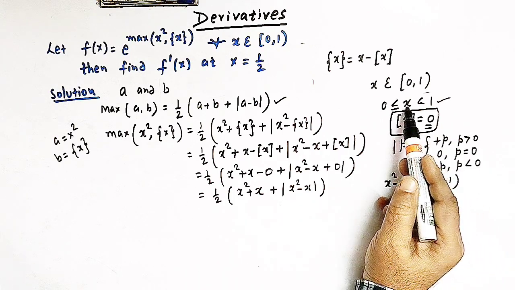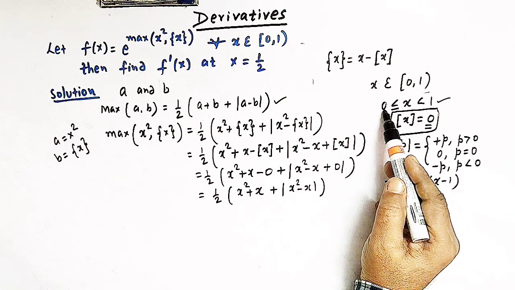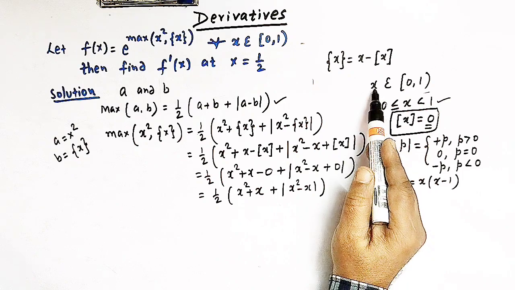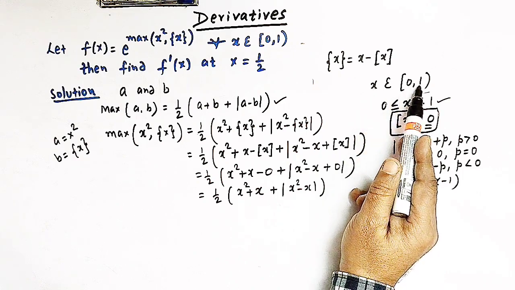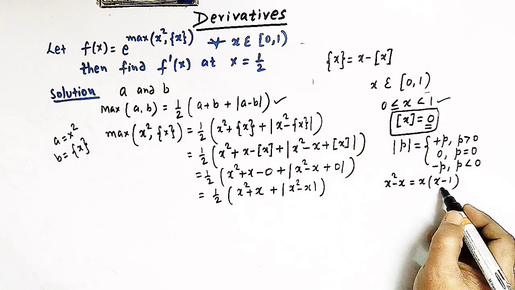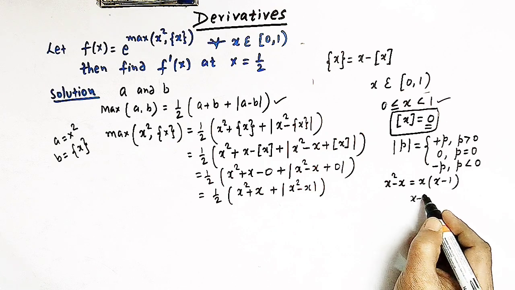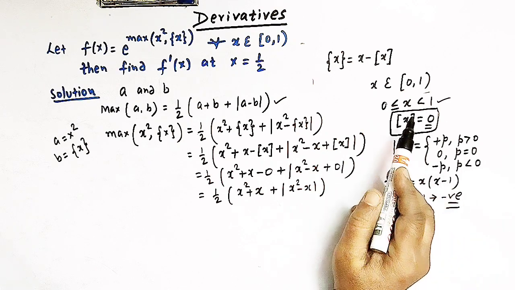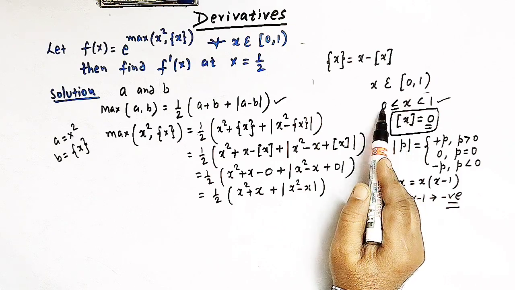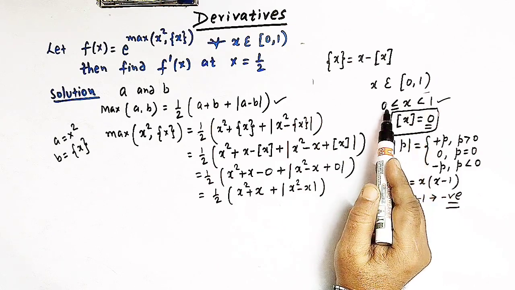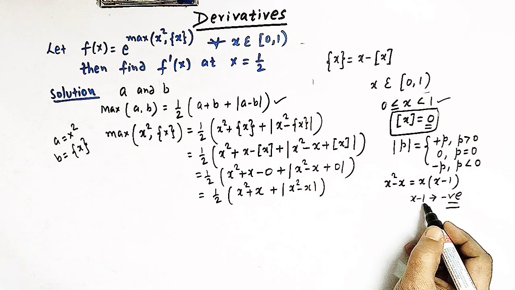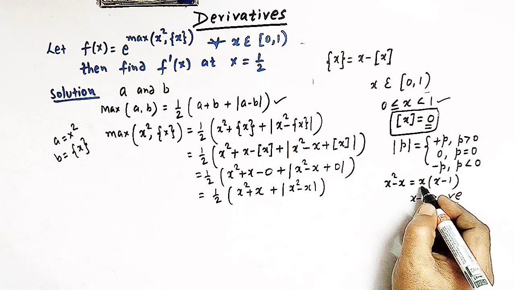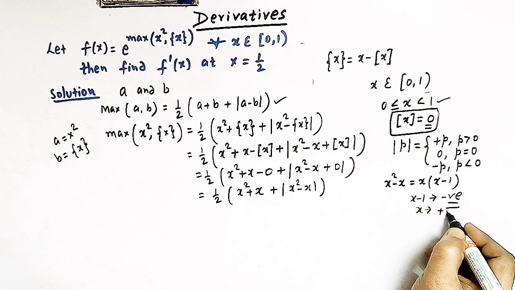And now see here, x lies between 0 and 1, right? So for all the values of x which lie between 0 and 1, this quantity, that is x minus 1, is a negative quantity. Because whenever we take x lying between 0 and 1 including 0, x minus 1 is always going to be a negative quantity, but x is a positive quantity.